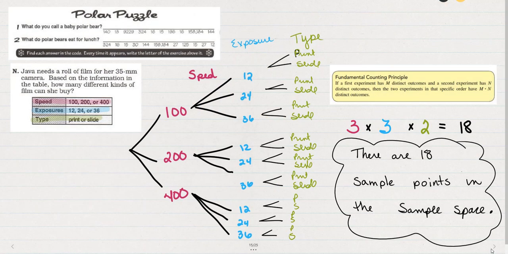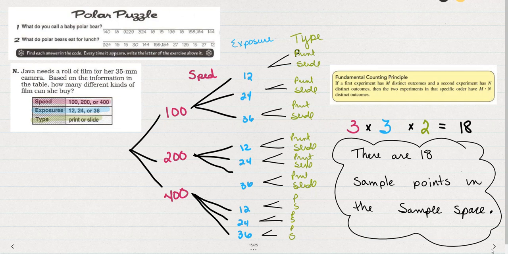Now, because this has 3 steps to it, we're choosing a speed, an exposure, and a type, it doesn't really work to put it in a rectangle because it would have to actually be a cube because we have 3 dimensions. So for this one, it's not going to make sense to have it in a rectangle.